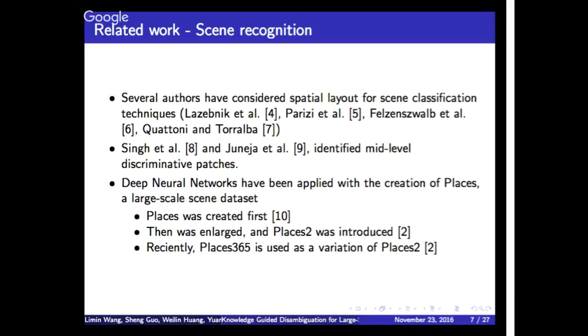First they proposed Places, and then they enlarged it and introduced Places 2. And recently, instead of Places 2, they are proposing to use Places 365. Places 2 has 401, I believe, classes, and Places 365 now has 365. So it's a variation of this. So it's less.